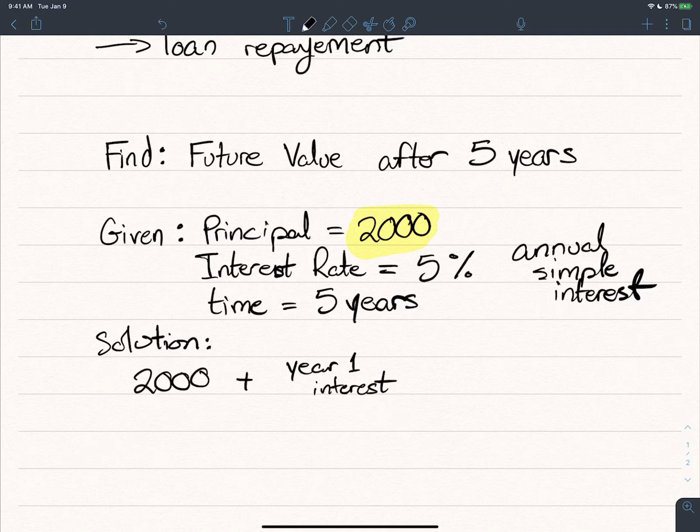And what's the year one interest going to be? It's 5%, right? So how do we find out what that's going to be? Well, we need to do 5% of 2,000. First we need to change our interest rate into a decimal. As a decimal, that's 0.05 times 2,000.